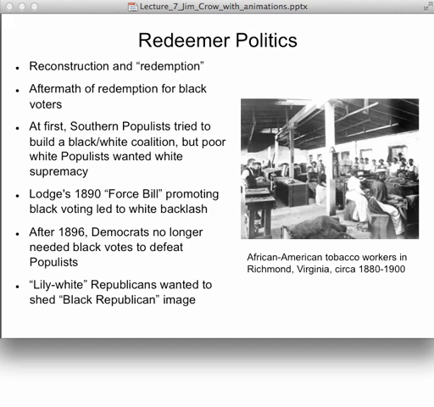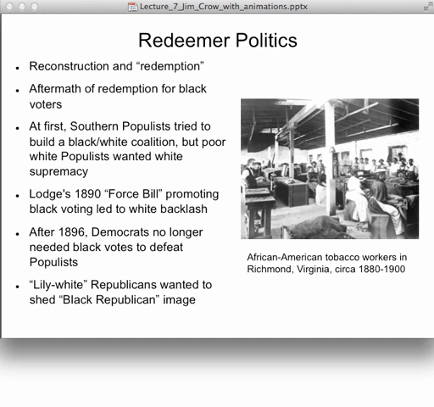And partly that had to do with a backlash against a law that was proposed in 1890 by Massachusetts Senator Henry Cabot Lodge called the Force Bill. This law would have protected black voters in the South by using the Army once again to support and protect black voting, as had been done during Reconstruction.